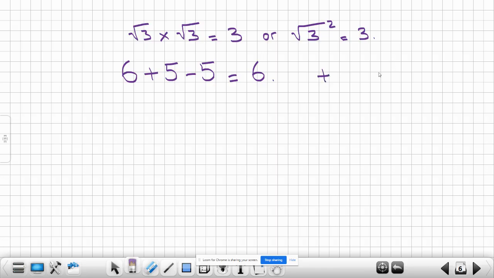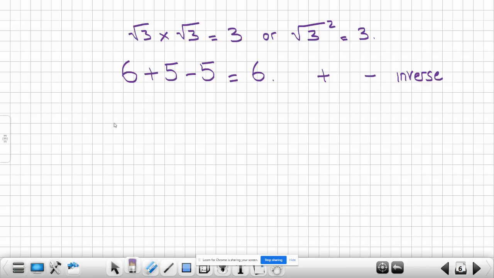Plus and minus are the inverse of each other. So if we take a value and then we do the inverse operation with the same value, then we just end up back where we started. So that's our first piece of logic. When you're doing the inverse operation to a value, then you're just back to where you started from.